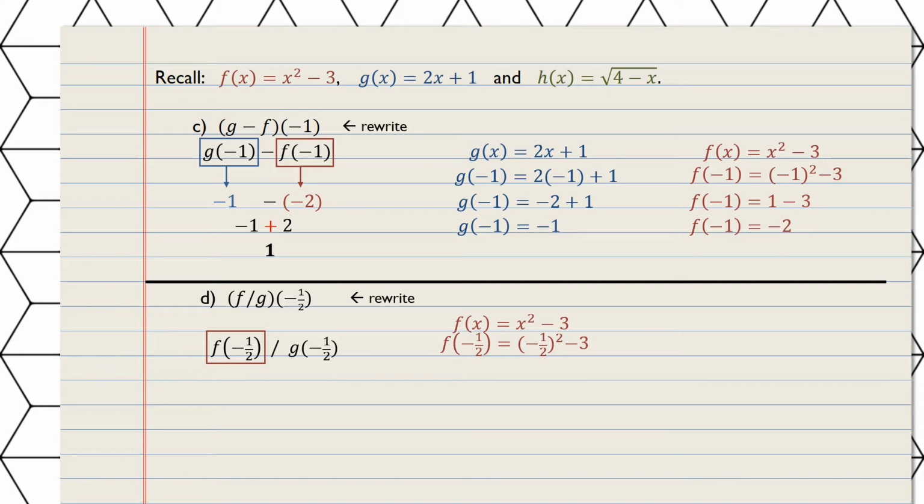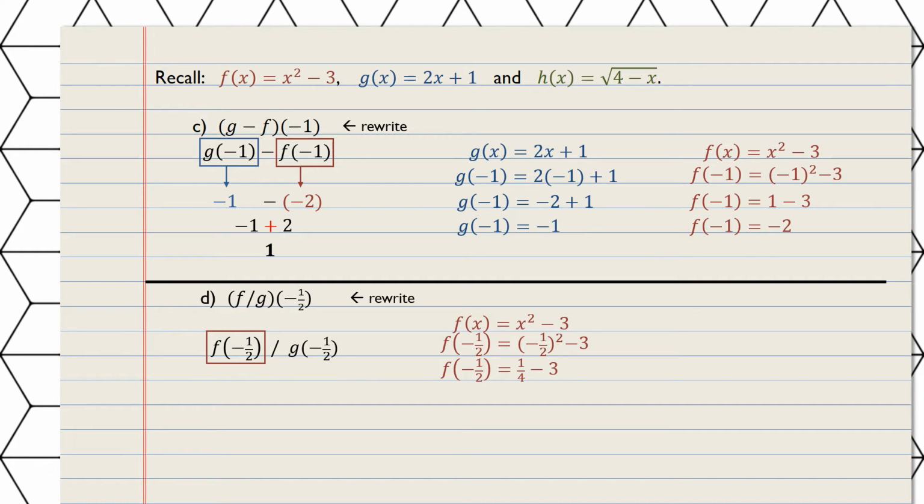Negative 1/2 squared means negative 1/2 times negative 1/2. Well, we know a negative times a negative is a positive. Now 1/2 times 1/2, because that is fractions, we must multiply top times top, bottom times bottom. And so 1 times 1 is 1, 2 times 2 is 4.